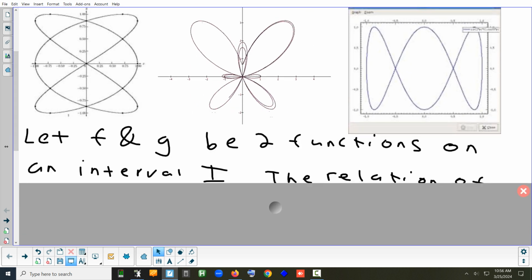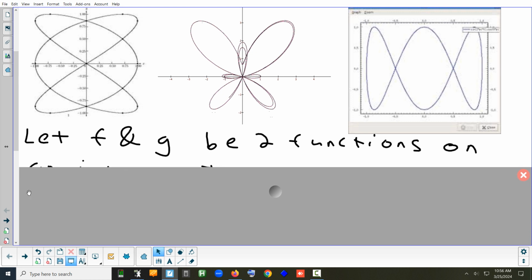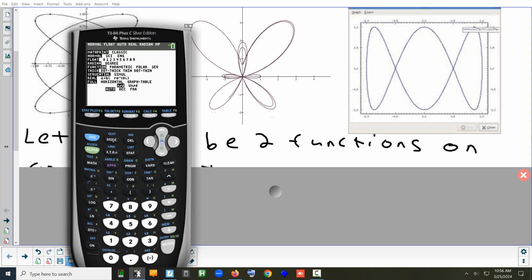So let me start to try to explain what parametric functions are. First of all, when you graph something in what's called the parametric system, you can't just have one formula. You need two. If you go to mode and keep it on function, and you type something into y1, like 3x plus 5, you can hit graph and you'll get a picture.